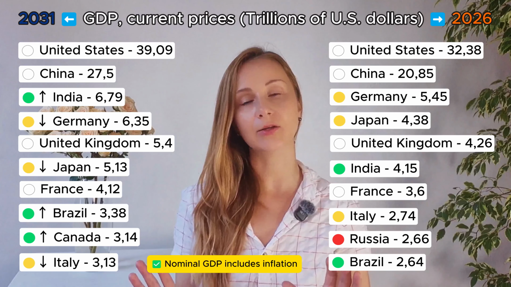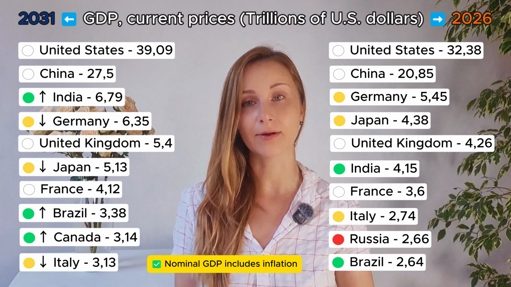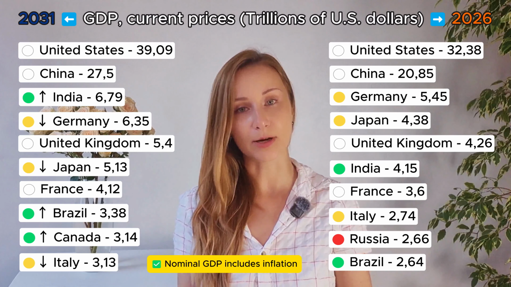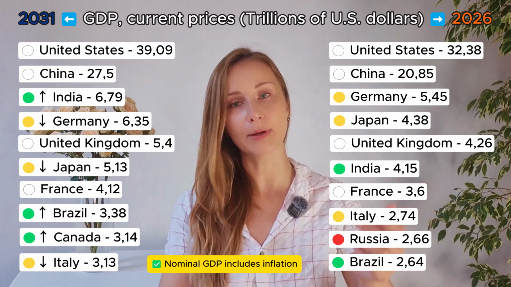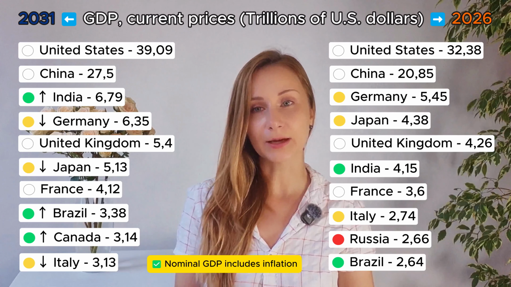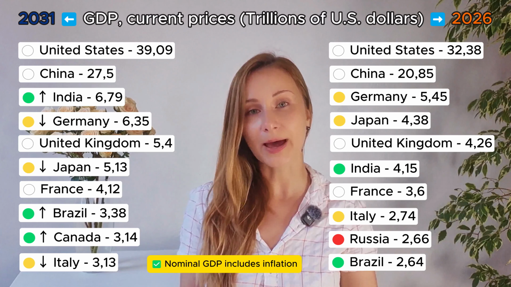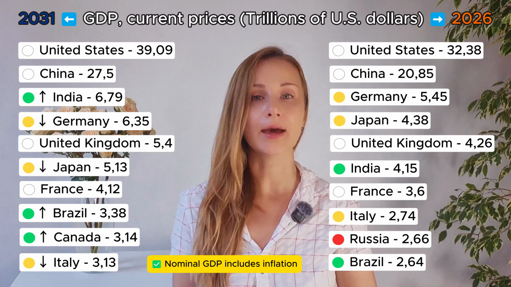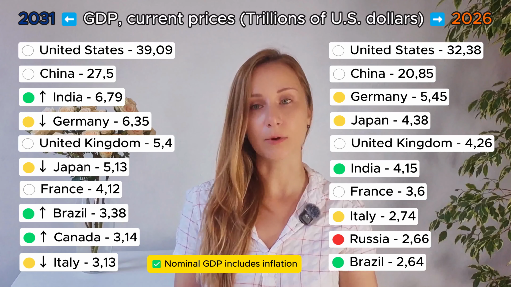India is expected to take 3rd place, and this rise could be very impressive. The same can be said about Brazil and Canada, which are also expected to move up in the ranking. At the same time, some countries such as Japan and Italy are expected to move down, and Russia is expected to drop out of the list of the world's 10 largest economies by GDP at current prices.